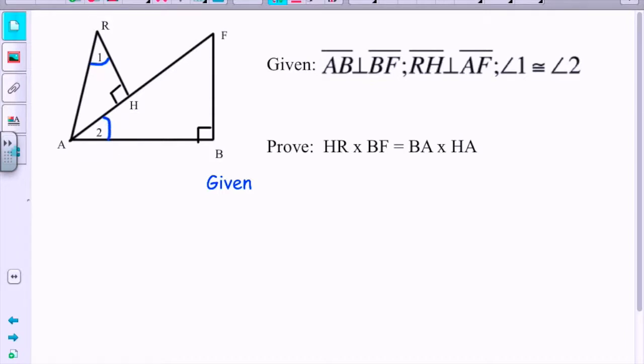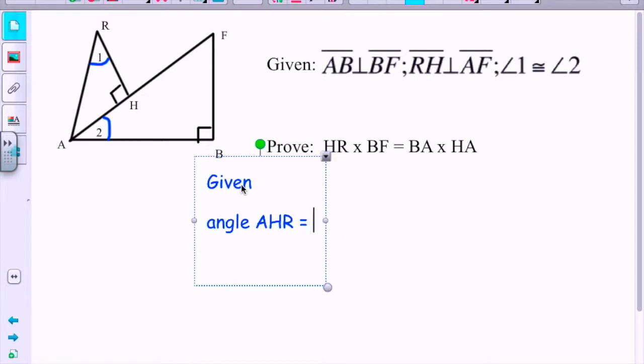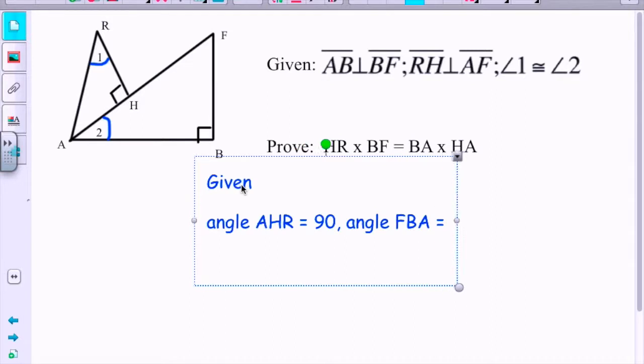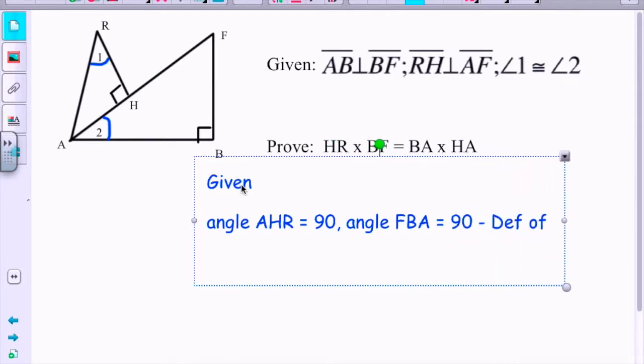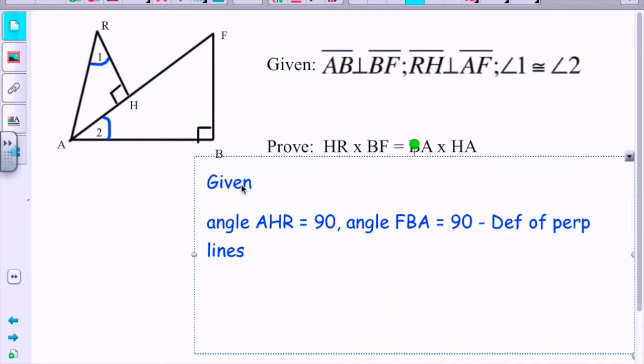So in this one, I know they're perpendicular, but I do have to write a little more to prove the angle is congruent. So I can say angle AHR equals 90 and angle FBA equals 90 by definition of perpendicular lines.